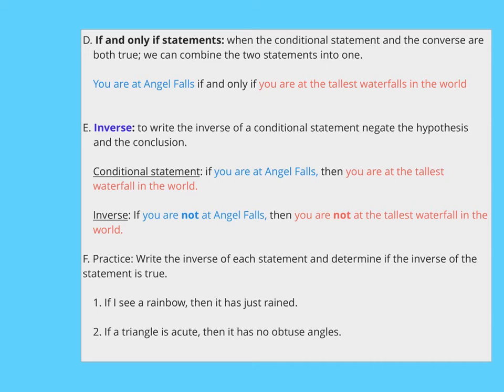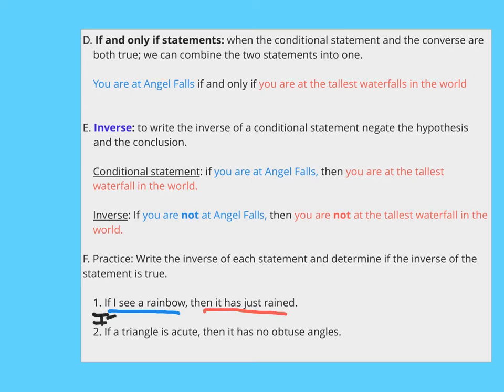In number 1, it says, if I see a rainbow, then it has just rained. So I can see that my hypothesis is I see a rainbow, and my conclusion is it has just rained. So to write the inverse of that, I'm just going to insert the word not, or negate the statement.